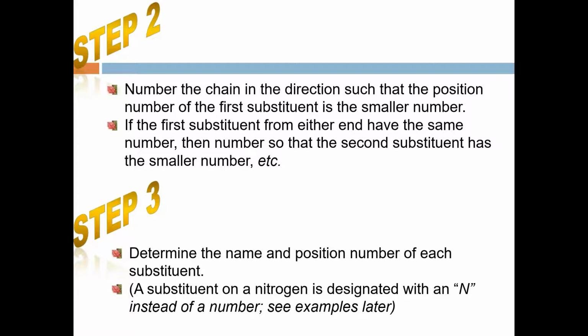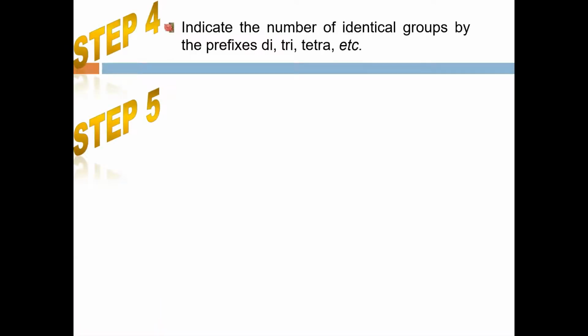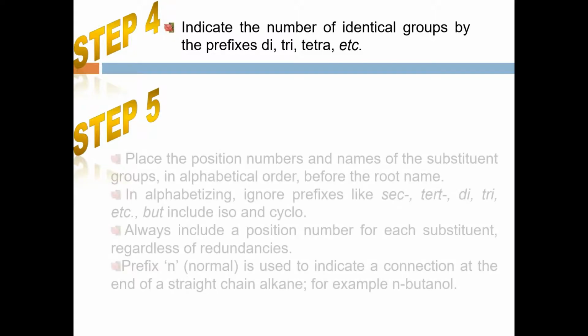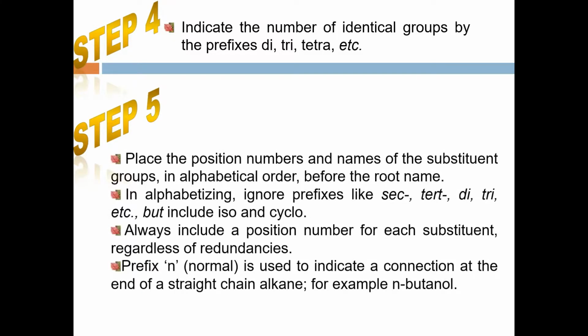Step 3, we have to determine the name and the position number of each of the substituents. And then, step 4, we need to indicate the number of identical groups by di, tri, tetra, and so on. And finally, we place the position numbers and names of the substituent groups in alphabetical order before the parent name.